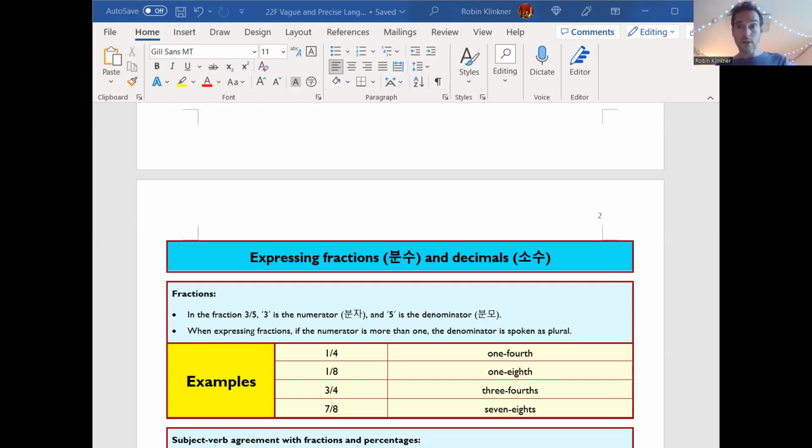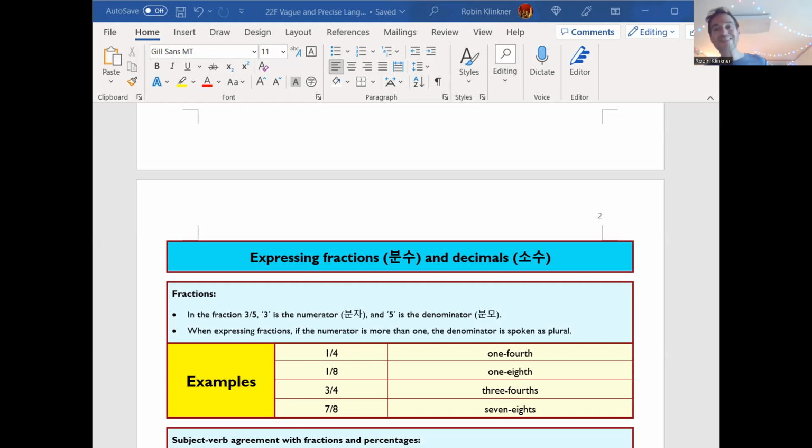The fraction or the percentage does not determine whether or not the verb is singular or plural. It is the subject. So if the subject is singular, the verb must be singular. If the subject is plural, the verb must be plural. So regardless of the percentage or the fraction, irregardless, I should say.